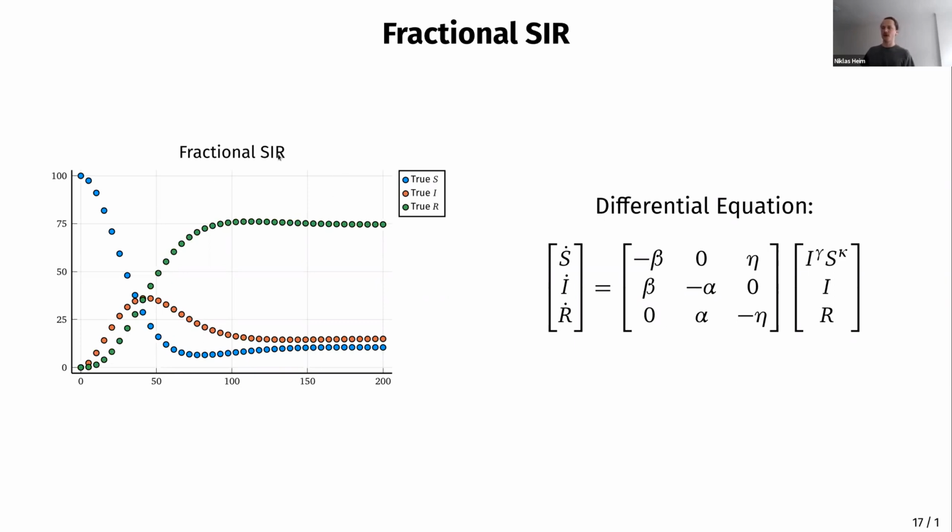But the point is that an epidemiological model that models susceptible, infected, and recovered people is represented by a differential equation. And we can now train a neural network to approximate this differential equation just by looking at data from these trajectories, right?